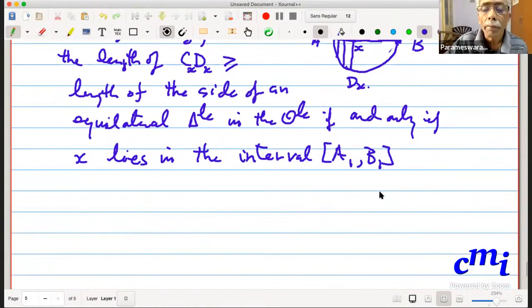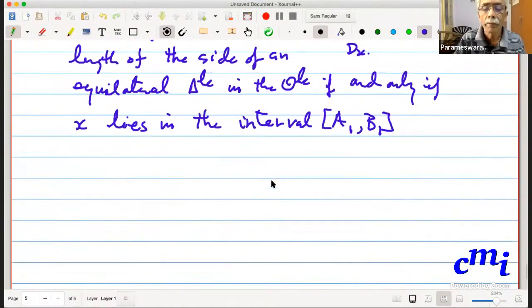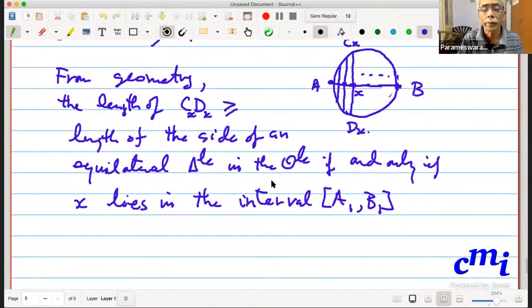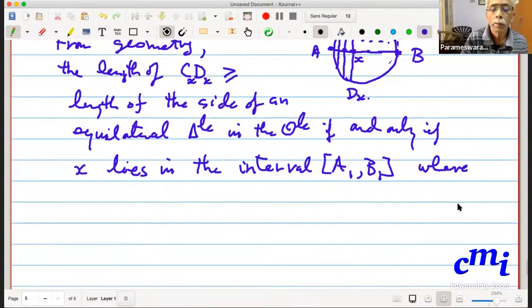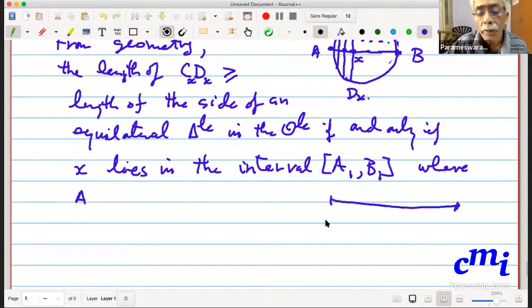It would have been easier if I had taken the unit circle and done it. So I'll just draw the picture here. I think it's much easier to say it and saves time.